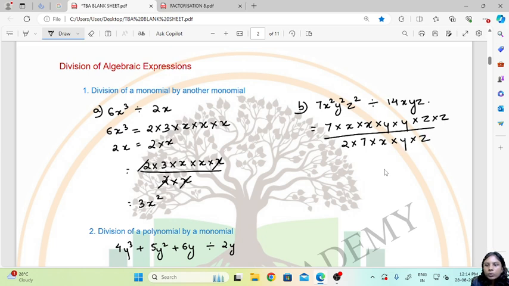Now cancel out: z and z go, y and y go, x and x go, 7 and 7 also get cancelled. Now we write the remaining terms: xy upon 2z. This was about division of a monomial by another monomial.